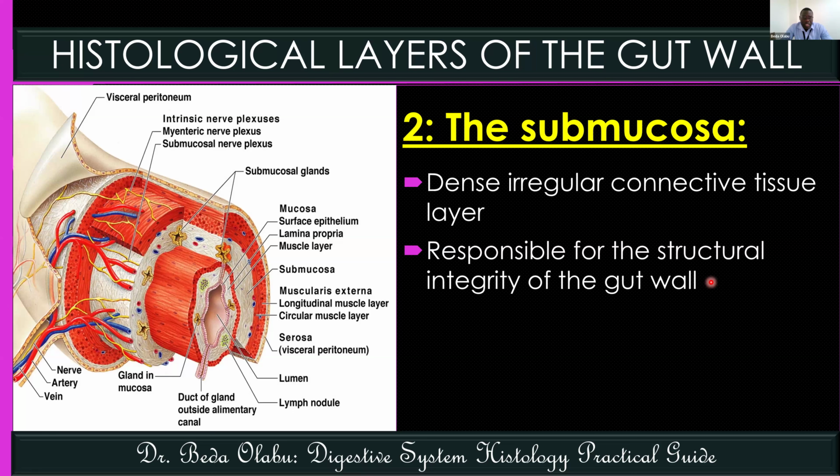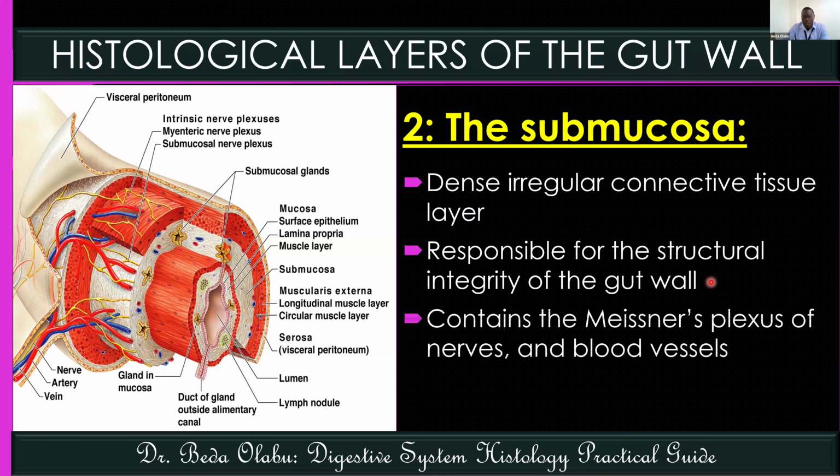Even from a clinical perspective, if a surgeon was to operate on the gut wall, when suturing back, they have to ensure that the submucosa is well opposed to ensure structural integrity of that region. The submucosa contains Meissner's plexus of nerves.